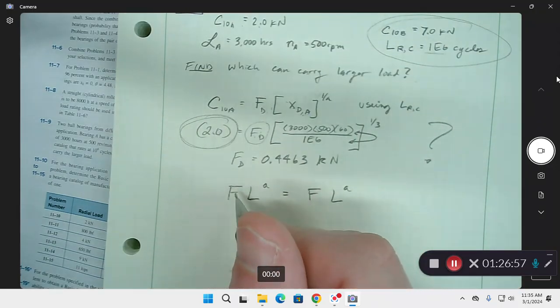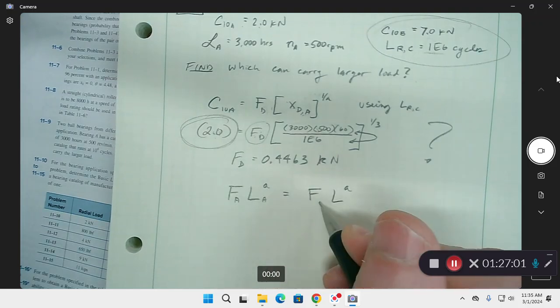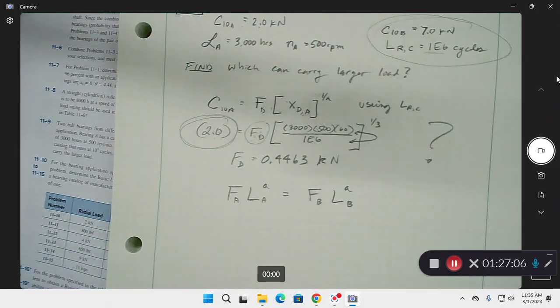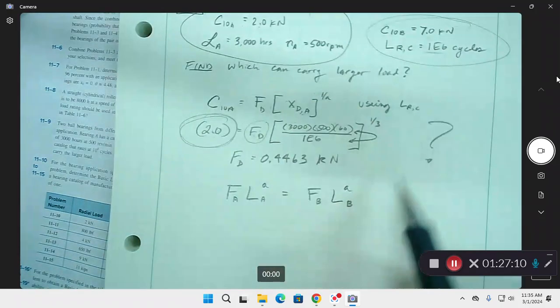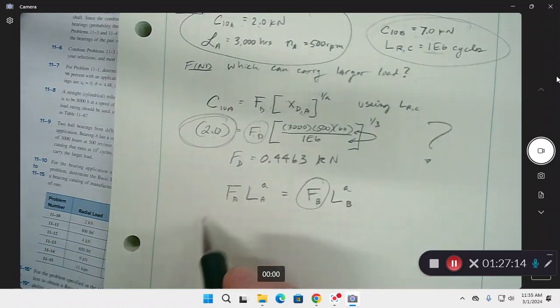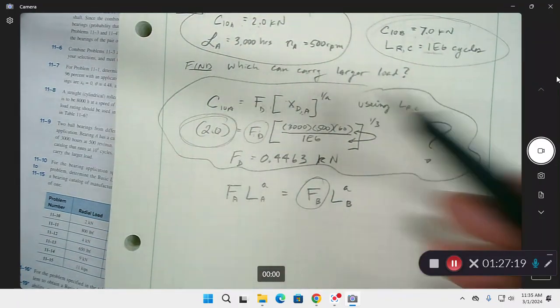So if this is A, and this is B, let's turn this one into, what is it in terms of B, right there. This was me trying to do it too quickly.